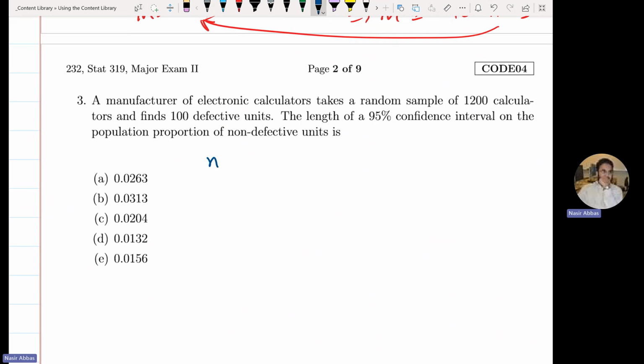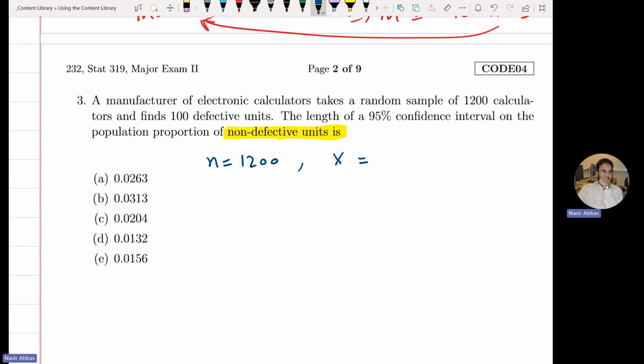So the sample size here is what? 1,200. Number of successes is what? Number of successes, remember, is the category that you are interested in. So read the remaining question. Are you interested in the confidence interval of the proportion of defective or non-defective? Non-defective. So here, your x will be the number of non-defectives, not the number of defectives.